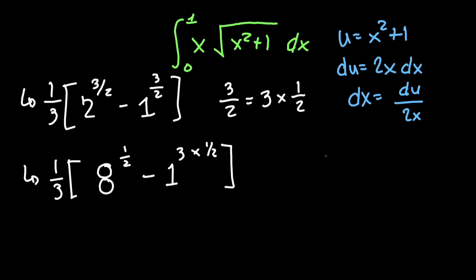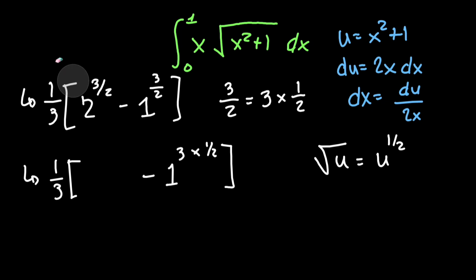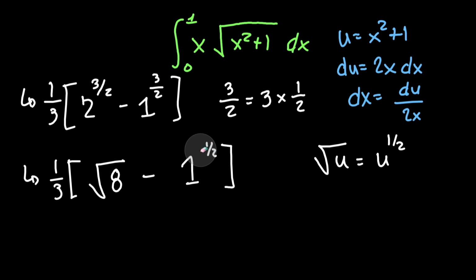Note that, as we had said earlier, the square root of u is equal to u to the power of 1/2. So in a similar case, we have an exponent of 1/2 here, so we can rewrite this as the square root of 8. And for this, 1 to the power of 3 would be simply 1, and the square root of 1 is simply 1.